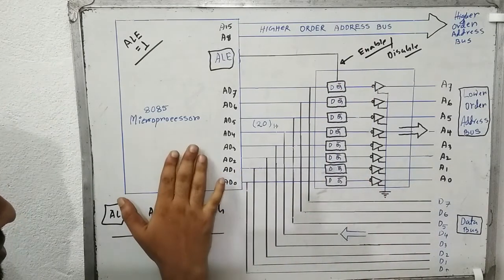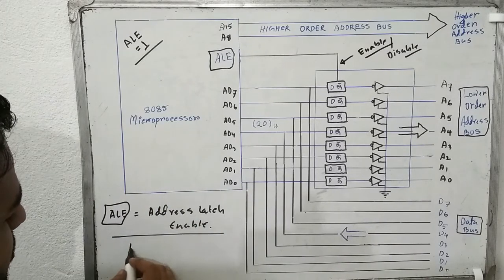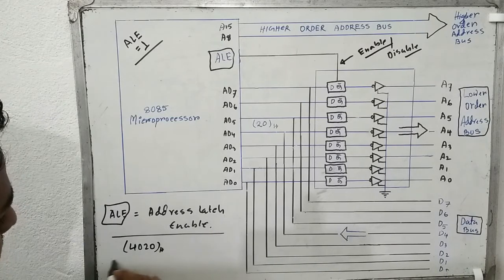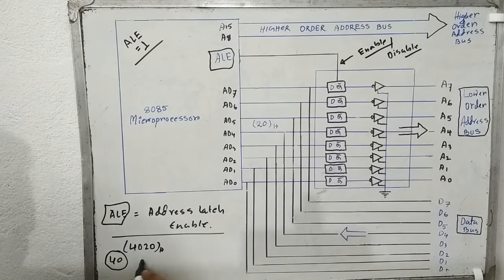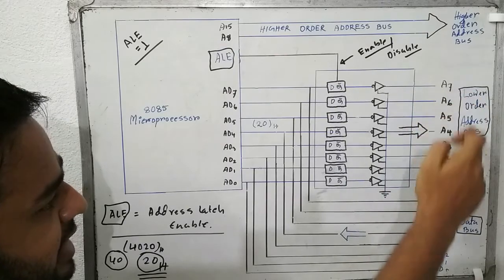Let's take an address which is 4020. Here 40 is the higher order address, the higher byte of the address, and 20 is the lower byte of the address. We will send this lower byte of the address by the lower order address line.